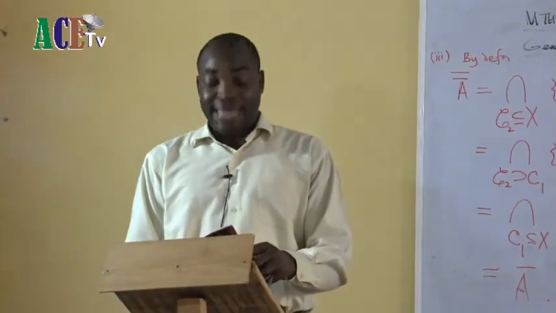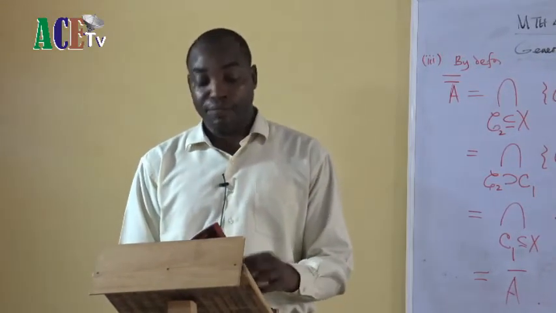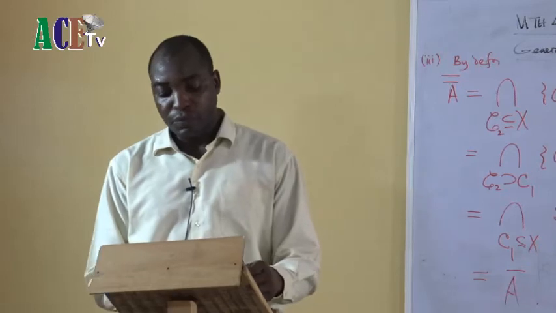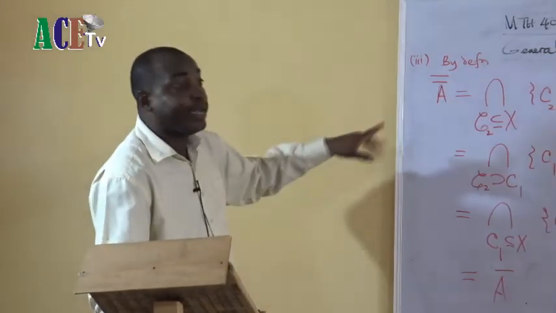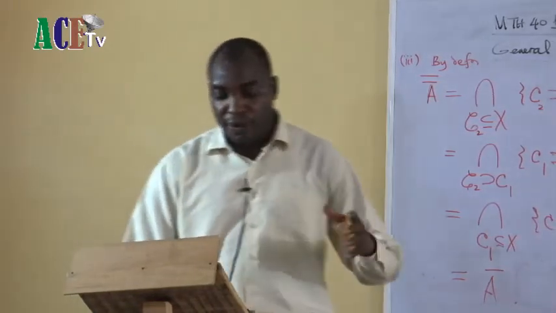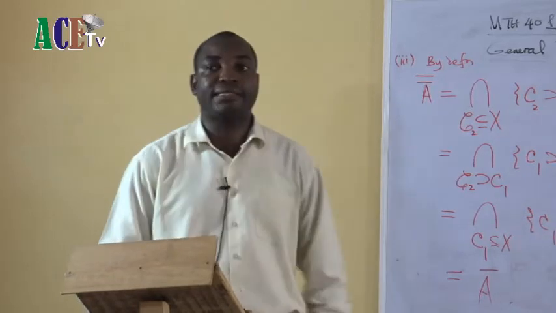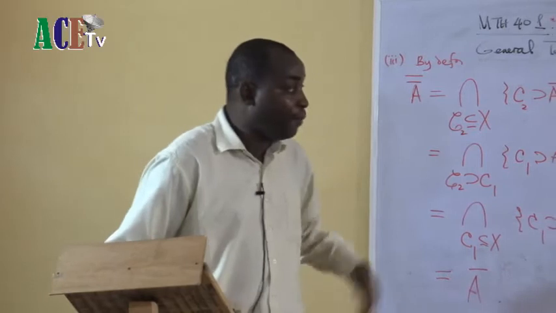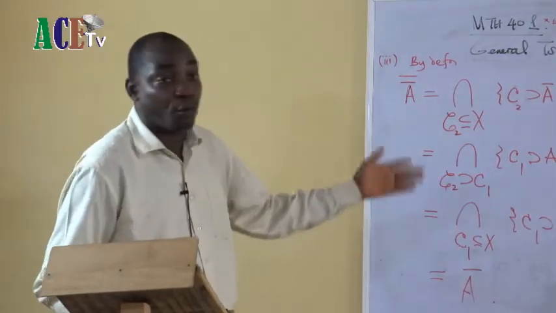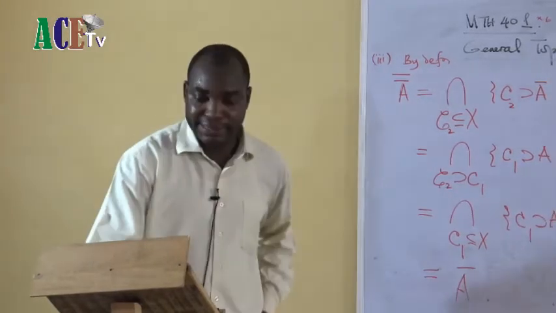So you have exercises you can make do with in the material. So we are done with the concept of accumulation point, closure of sets, derived sets, and we've seen how to prove any proposition that we are given in these regards.